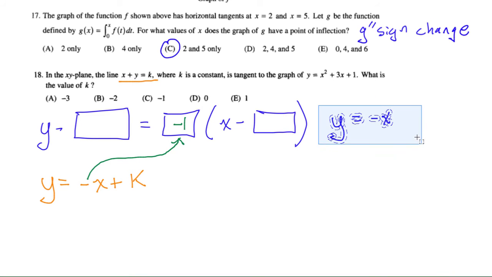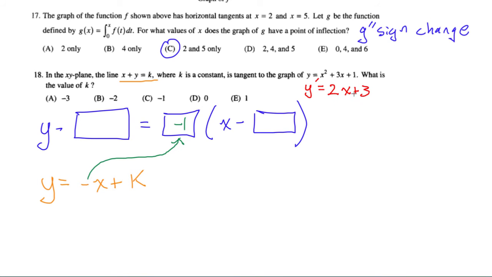No, there's an easier way to do this. Let's now take the derivative of this graph. y prime is equal to what? 2x plus 3. This is the slope. What must the slope be equal to? Negative 1. So I'm going to say negative 1 is now equal to 2x plus 3.